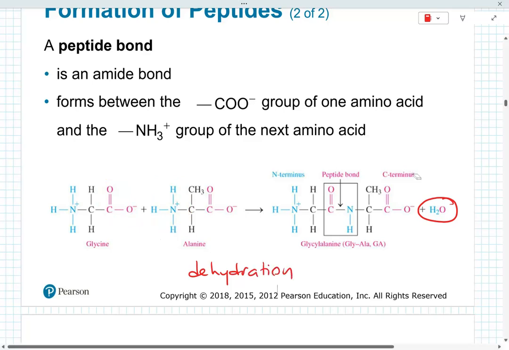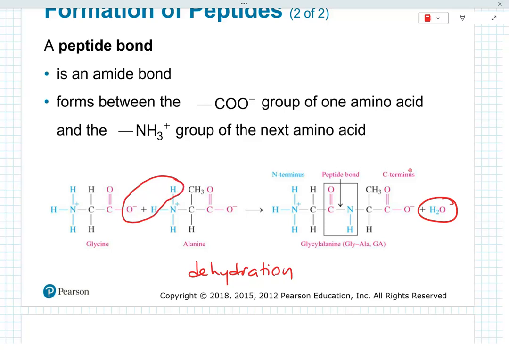So two hydrogens and oxygen leave in the form of water, and now you have a peptide bond. Okay, good? Now you may notice that we have a free carboxylate group on the right and the free ammonium group on the left. So we can just keep adding.